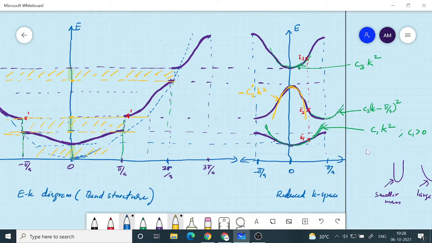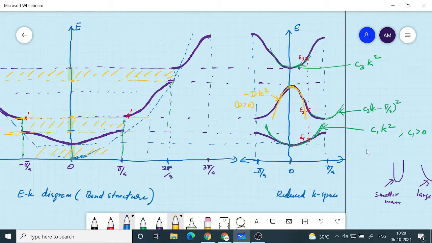Or maybe I will take a different constant, say k2, so that I don't need a dash here. But k is already there. Okay, maybe I will take d. So minus d k square, with a minus sign, so that d is positive.